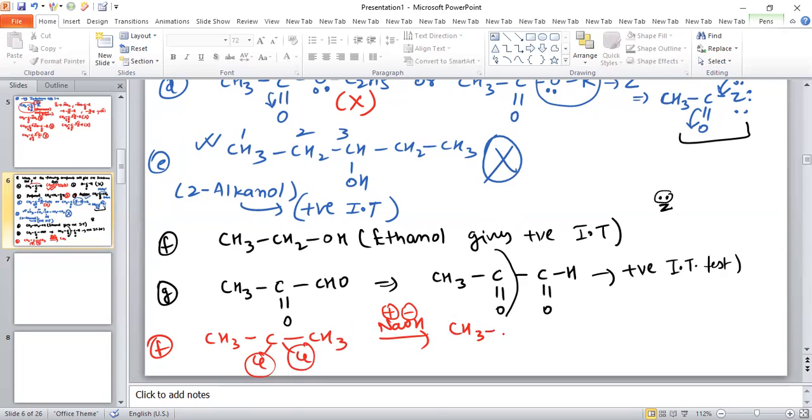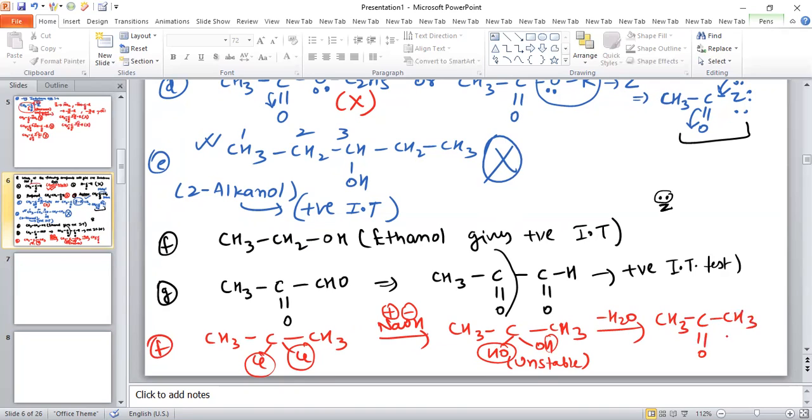So this will convert into CH3C(OH)2CH3. We know two OH groups on the same carbon atom is unstable, so water will be removed. When water is removed, this will convert into a methyl ketone, and we know this compound gives a positive iodoform test because it is a methyl ketone.